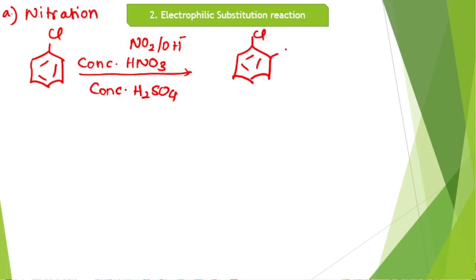There, you can see that you will get a product of benzene ring attached with Cl and attached with NO2. Based on the position you have two different types of product. If NO2 is attached here, and benzene ring with Cl, and NO2 at the bottom, based on the two positions you have the name. This is 1-chloro-2-nitro-benzene, correct?